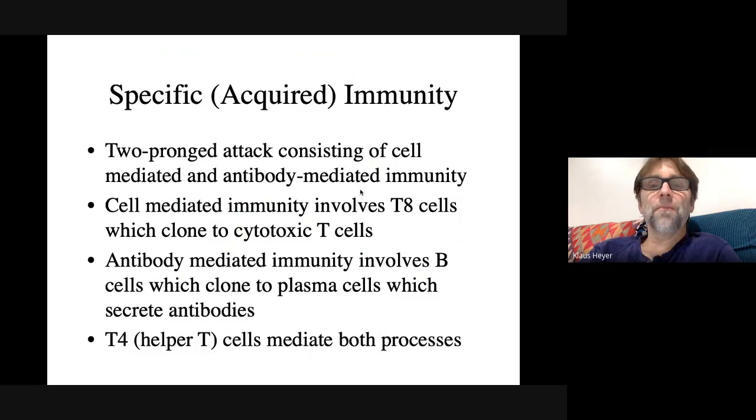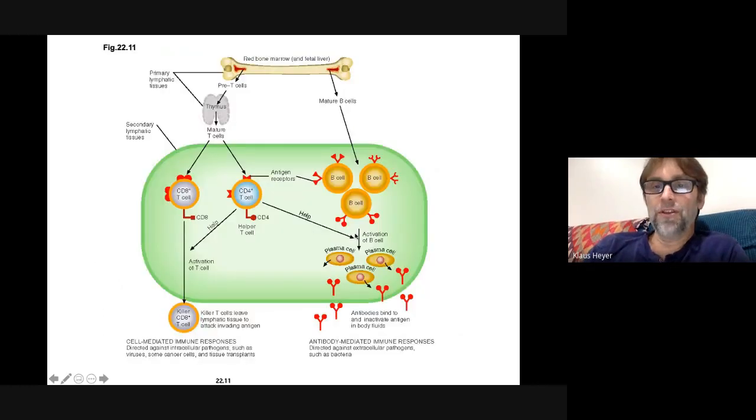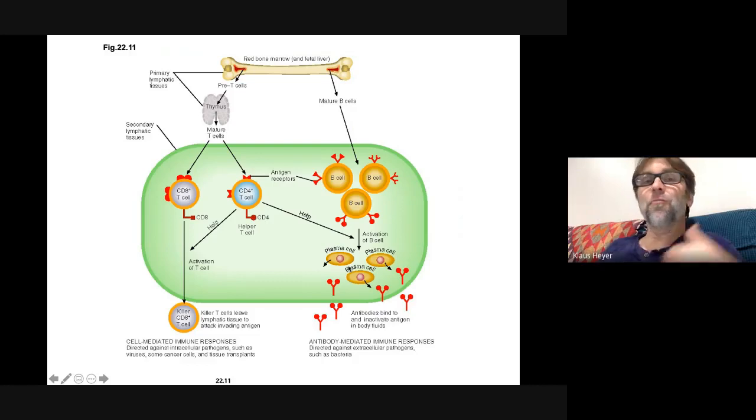And it's summed up here, right? The T8 cells are going to clone and make a bunch of cytotoxic T cells. The B cells, when they get provoked, become plasma cells, and plasma cells secrete antibodies.